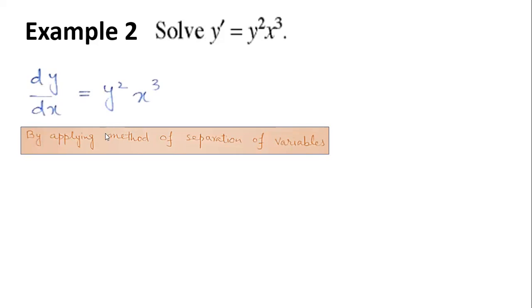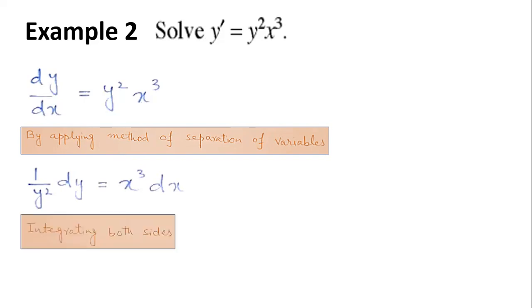Then we take this y squared to the other side, so it becomes 1 over y squared dy, and we take this dx to the other side, so here we have x cubed dx. Now simply we can integrate both sides. So here we have the integral of 1 over y squared dy is equal to the integral of x cubed dx.